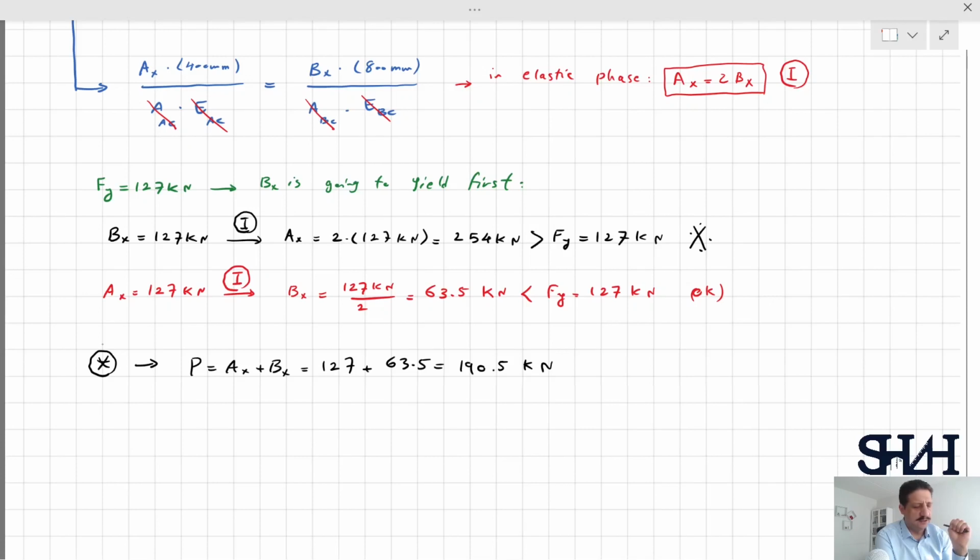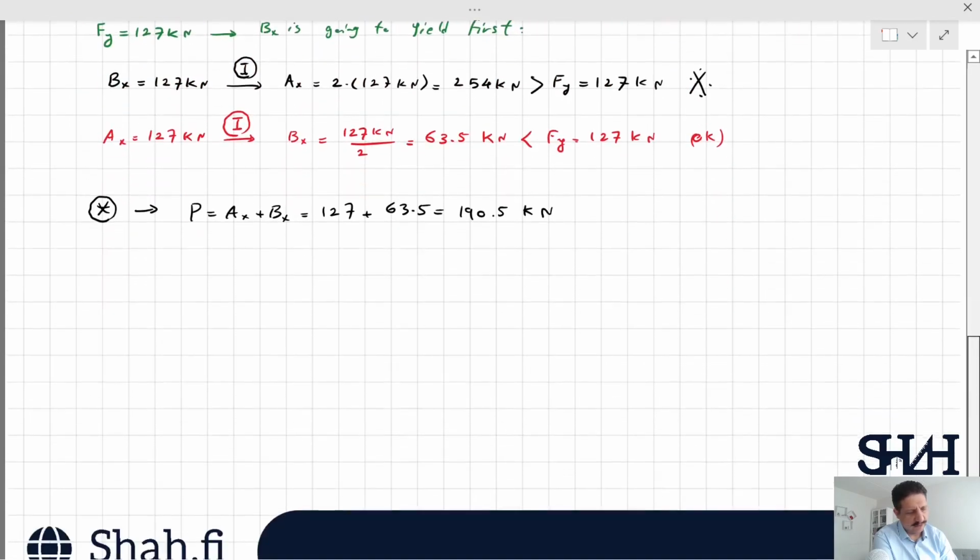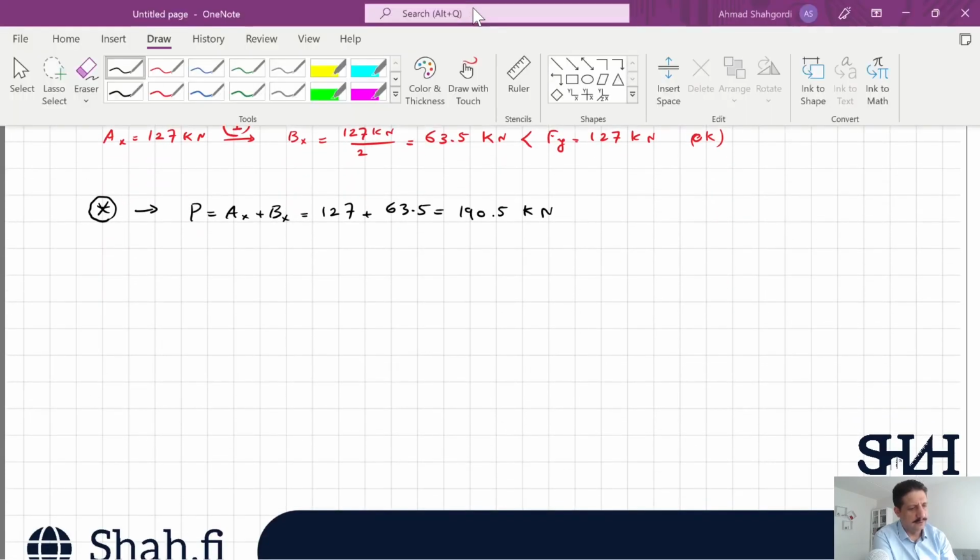So 190.5 kilonewton is the value that P can be increased to until one of the elements becomes plastic. So let's sketch what has happened here for the system, element AC and element BC.